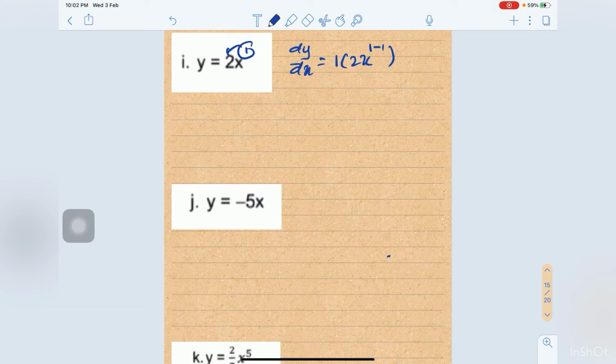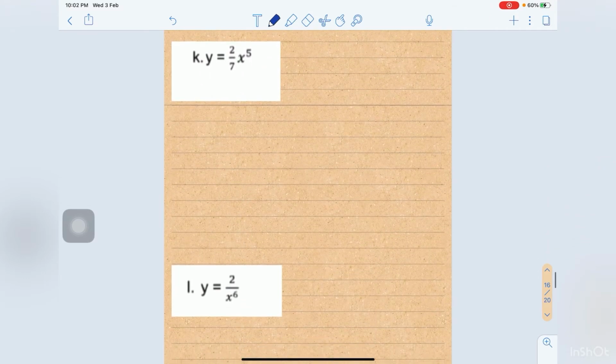So 2 times 1 is 2. Therefore dy/dx equals 2. Same thing for question J, y equals negative 5x. y in terms of x, we differentiate, we get dy/dx equals negative 5.